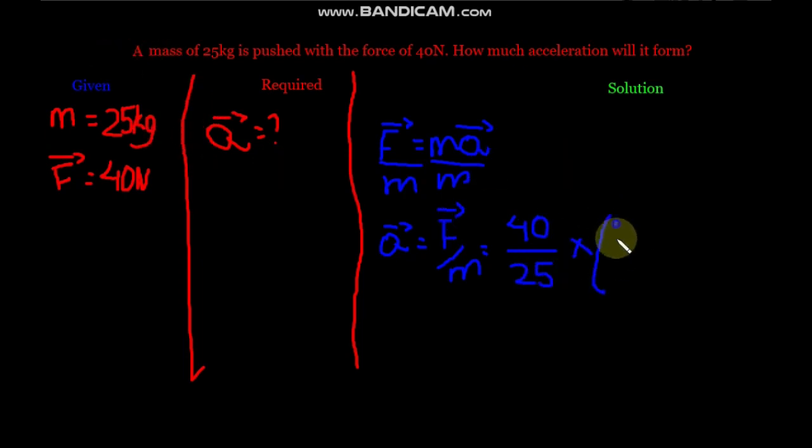Force is kilogram meter per second square, times 1 over kilogram. So kilogram cancels kilogram, and only meter per second square is left. 40 divided by 25 is 1.6.